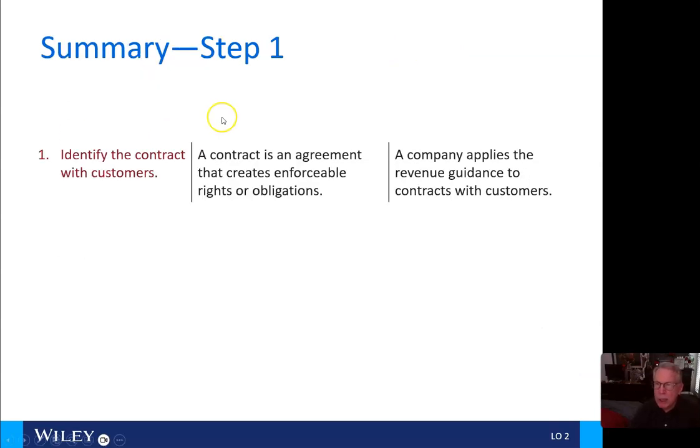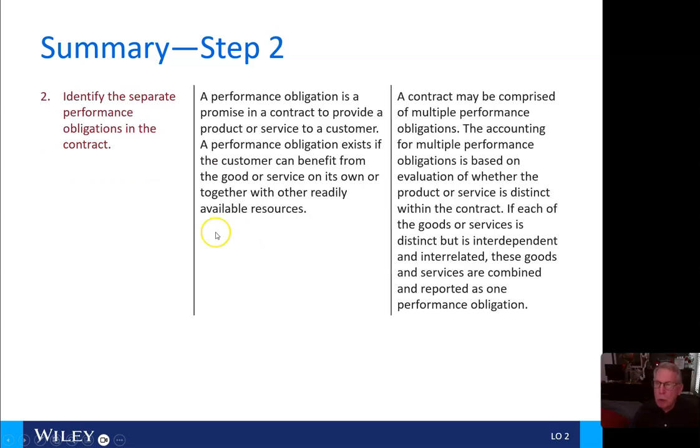All right, so in summary, in step one here, we identify the contract with the customer. The contract is an agreement that creates enforceable rights or obligations. The company applies the revenue guidance to contracts with customers. Number two, we identify separate performance obligations in the contract.